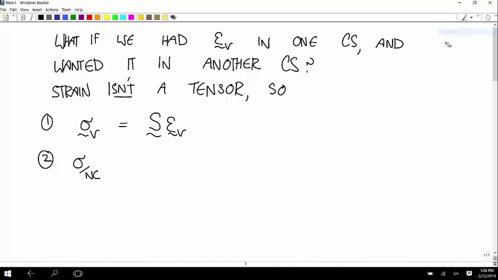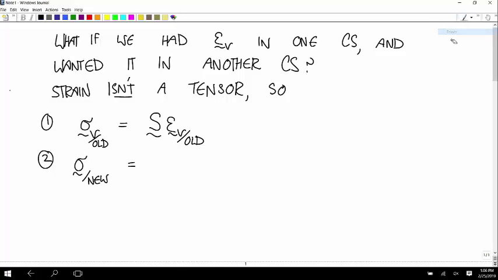Sorry, let me put another step in here. Okay, let me do it like this. So that's the Voigt stress and Voigt strain in the old coordinate system.